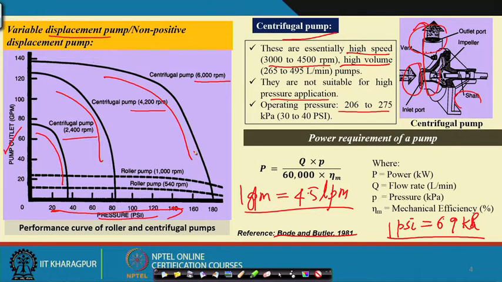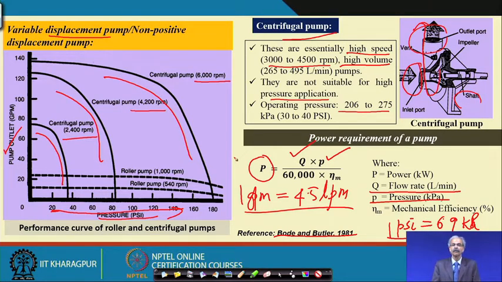It is very simple. You can see the Q into P, where Q is the flow rate and P is the pressure. So, once you know this, you are in a position to find out what is the power requirement of a particular pump. So, this is important so far as the different types of non-positive displacement pumps are concerned.